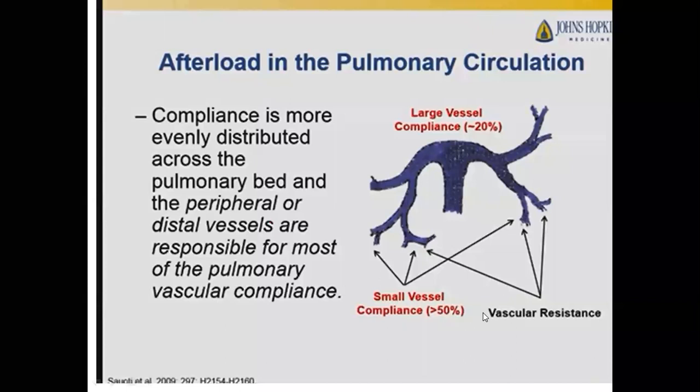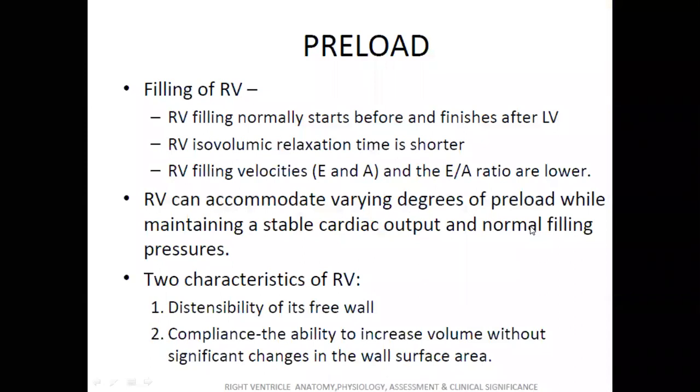That's why blockage of small vessels, like in pulmonary thromboembolism, at least 50%, can result in significant pressure overload on the RV and right-sided heart failure. So this difference is responsible for the difference in the response to pressure overload.